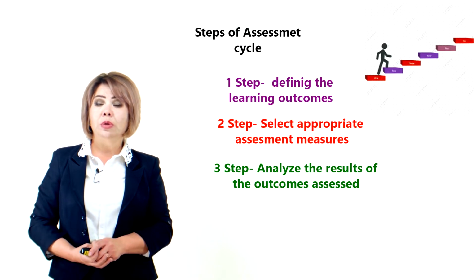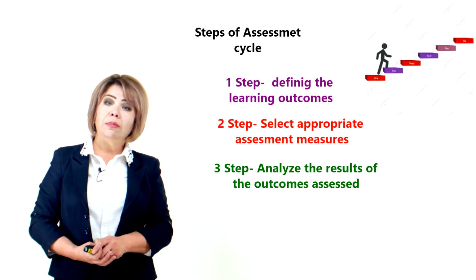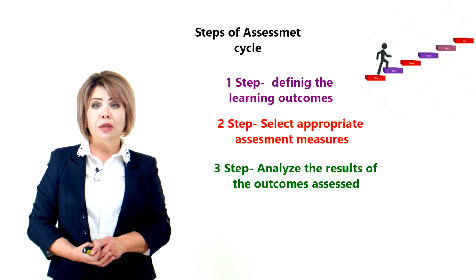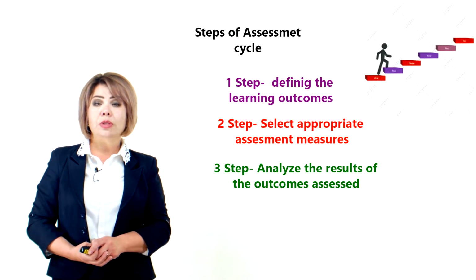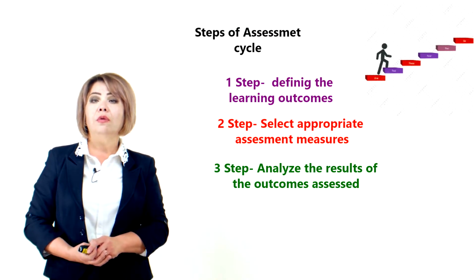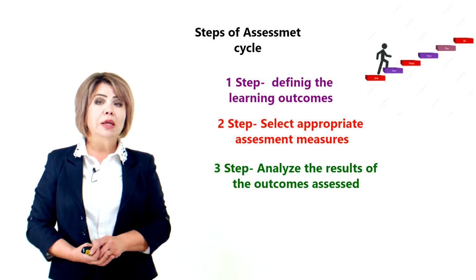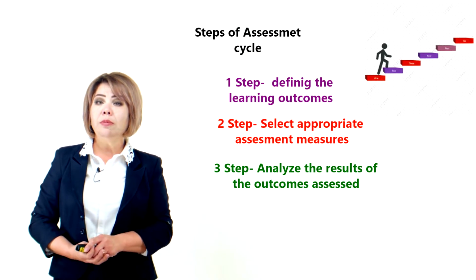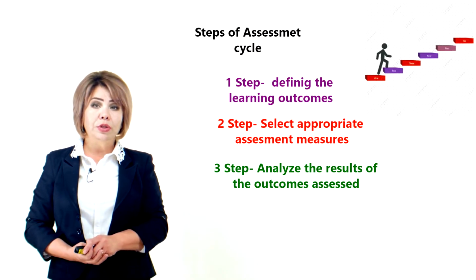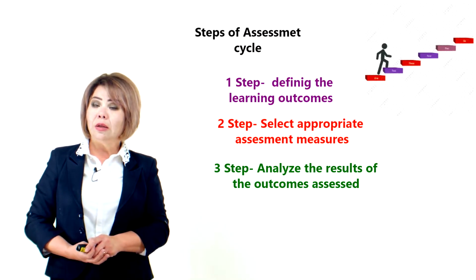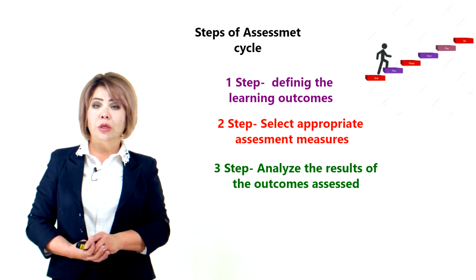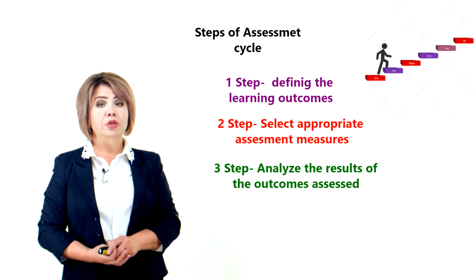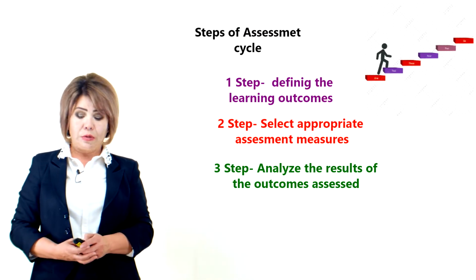Of course, 50% of the time teachers also should think about their own way of teaching, about the quality of the content, and investigate other problems. Maybe the problem is not only in your learner, maybe the problem is in you, in your style of teaching, in the techniques you are using, or the activities you are using. So the third step will help teachers to analyze and compare the result.